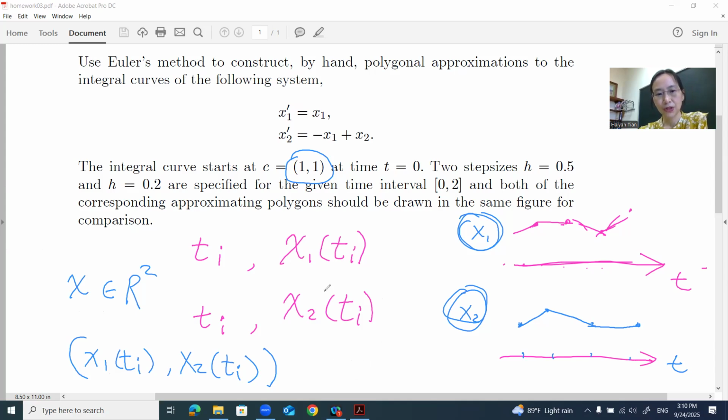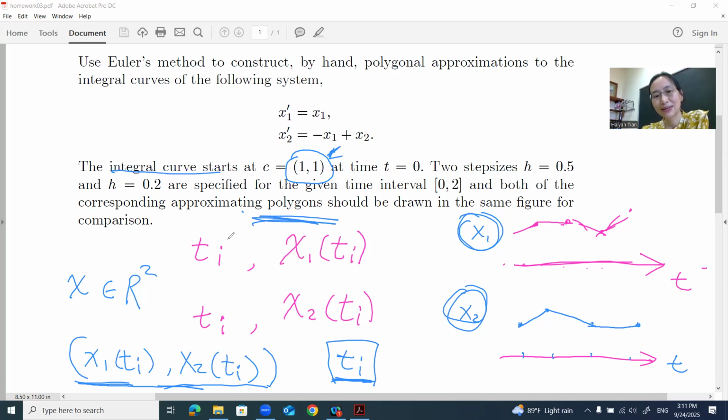So the goal of this exercise is just for you to show these ordered pairs, like you did a scatter plot. For each ti, produce a point, right? That's x1, x2, a point. So this point corresponds to each ti, starting from t0, starting from this 1, 1 point. So see what the shape is, how it develops. That's the integral curve in R2.